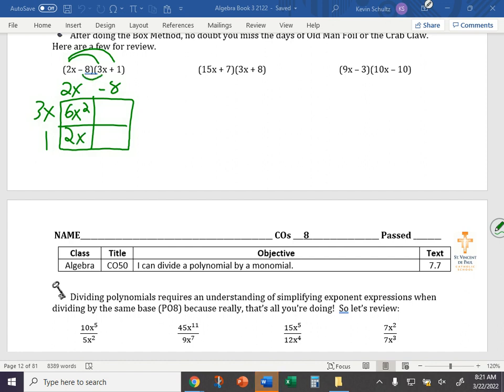Negative 8 times 3x, negative 24x, negative 8 times 1, negative 8. So it's just another method. If you like the box method, if you like how organized it is, you can use it for a binomial times a binomial also. Combining like terms, 6x squared minus 22x minus 8.